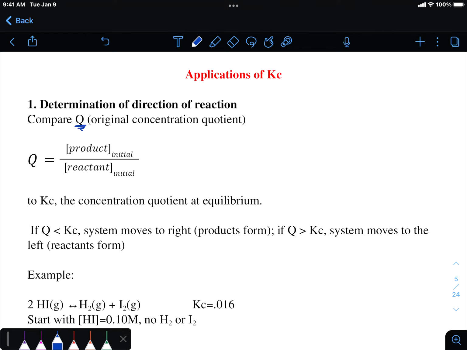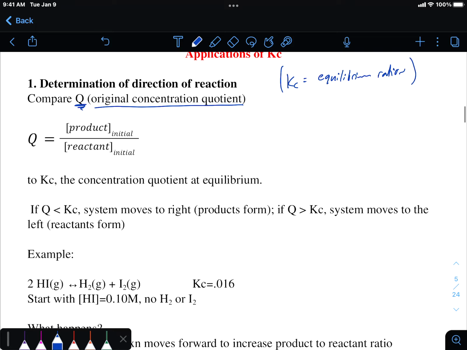Q is the original concentration quotient, whereas Kc is the equilibrium concentration quotient. So if Kc is the ratio at equilibrium, Q is the ratio initially. That's how it differs. That means you can only use initial concentrations, hence the subscript.